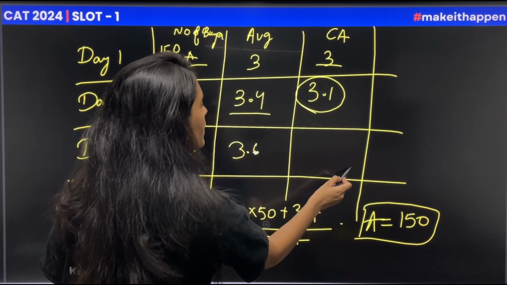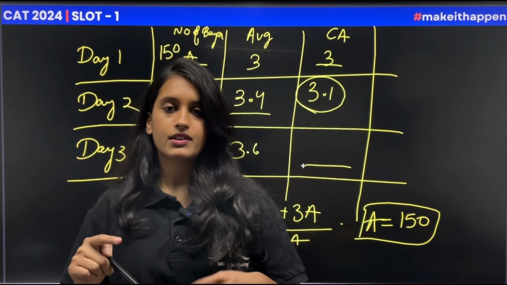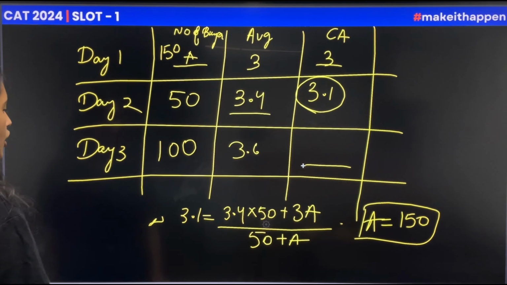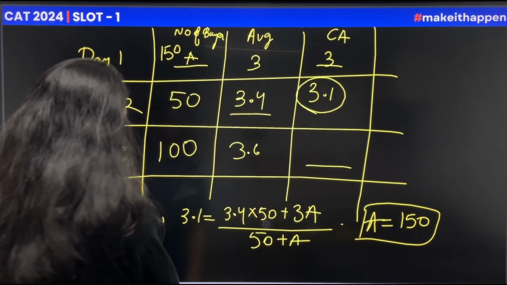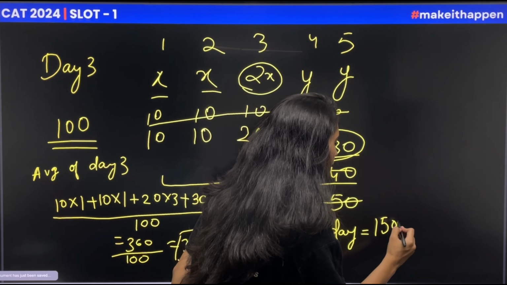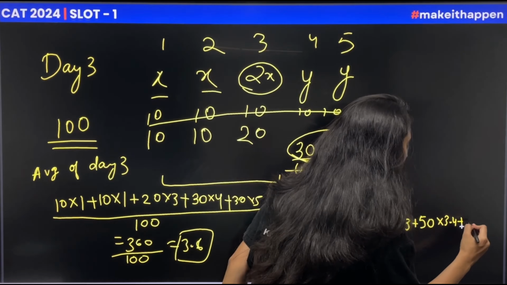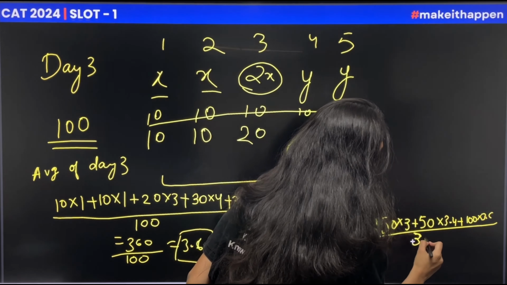Okay, now we are only left with the cumulative average of day 3. Cumulative average is the average of that day and the days before. So cumulative average for day 3 will be number of buyers into average of day 1, 150 into 3 plus 50 into 3.4 plus 100 into 3.6, divided by 300.